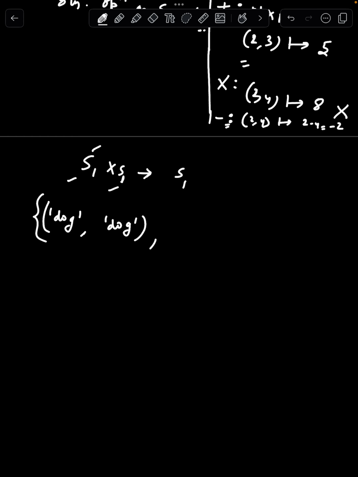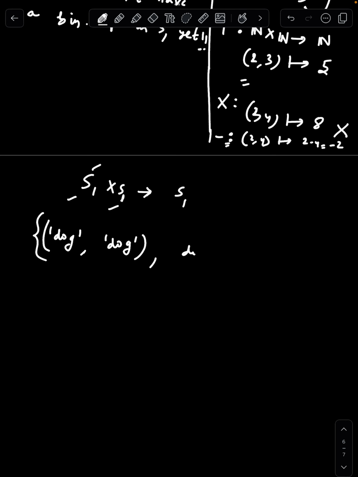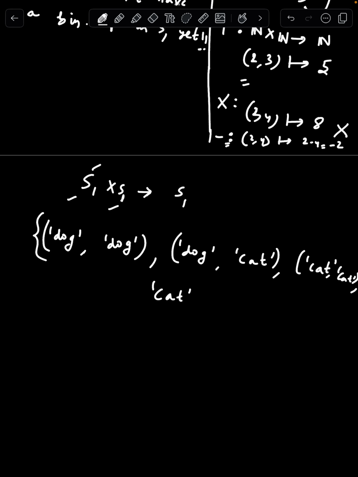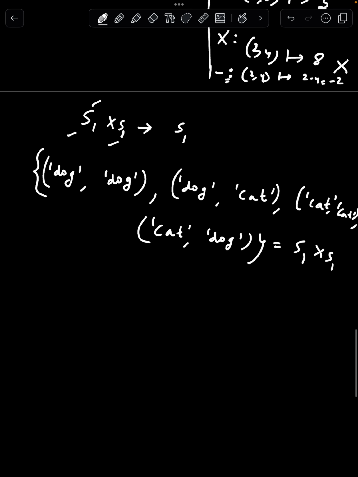We are writing all the elements of S1 cross S1: dog dog, dog cat, cat cat, and cat dog. We have to define a function from this to S1.